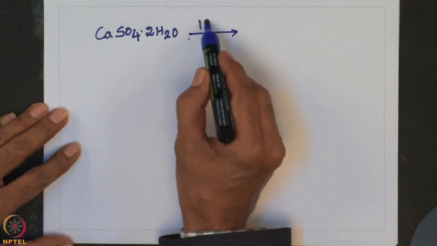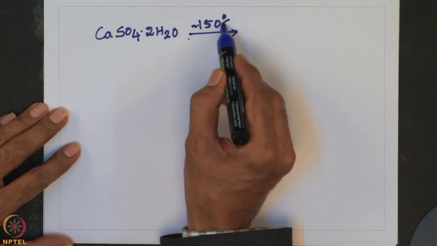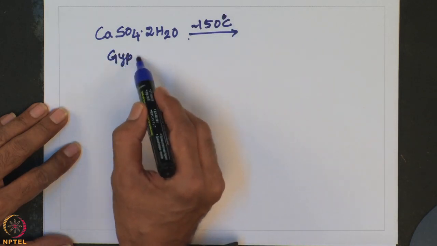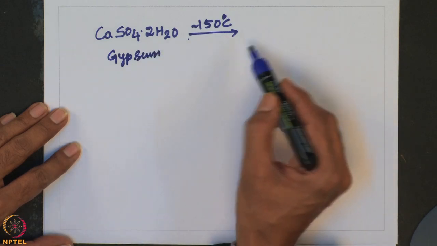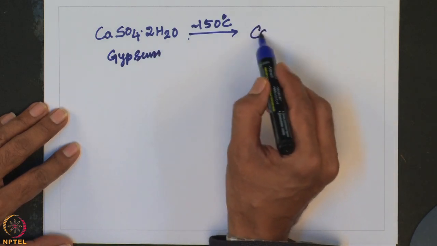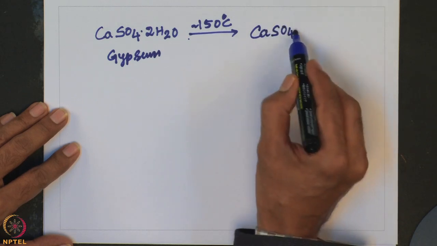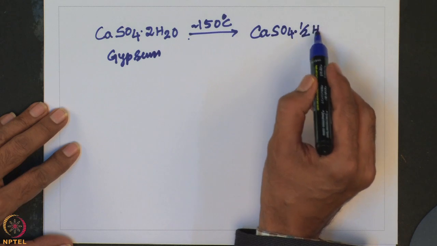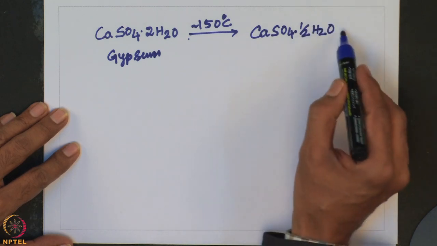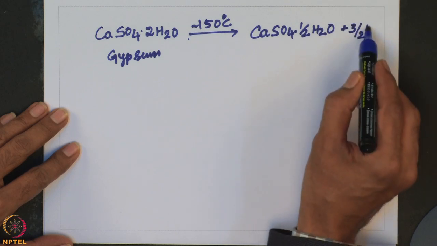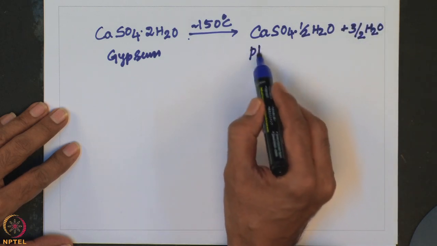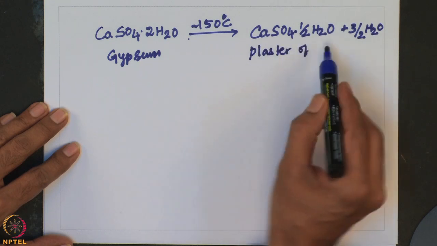That means essentially when you take calcium sulfate dihydrate, that is gypsum, and heat it to 150 degree centigrade, it forms a hemihydrate having half an equivalent of water, plus 3/2 water comes out. This is called plaster of Paris.